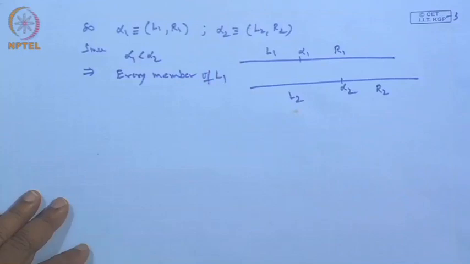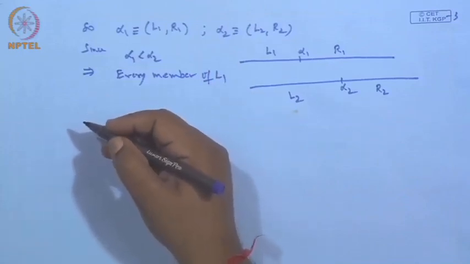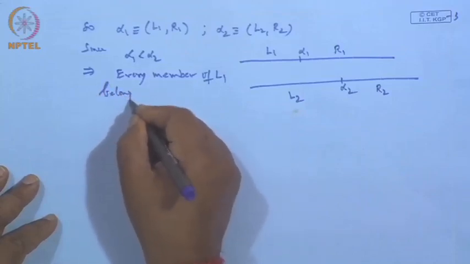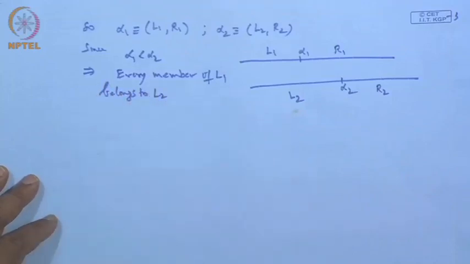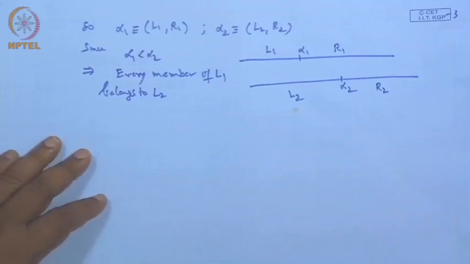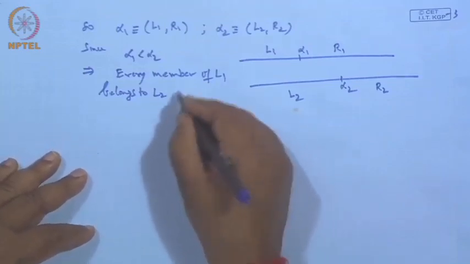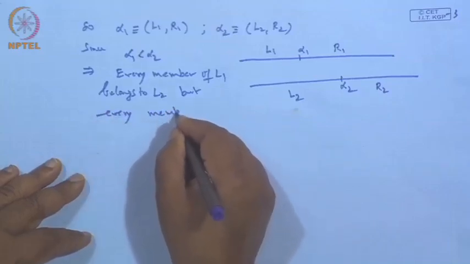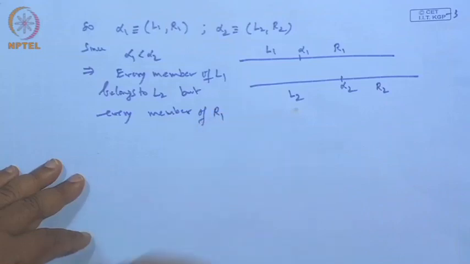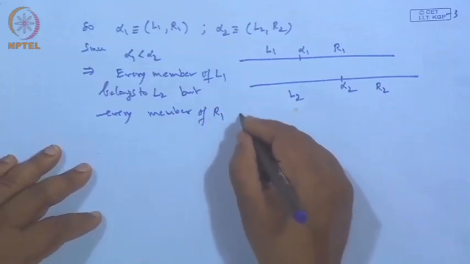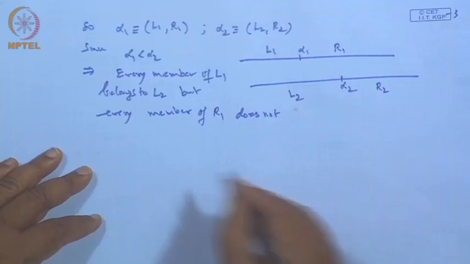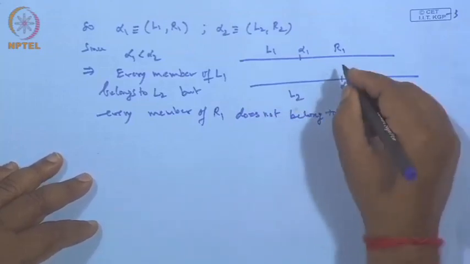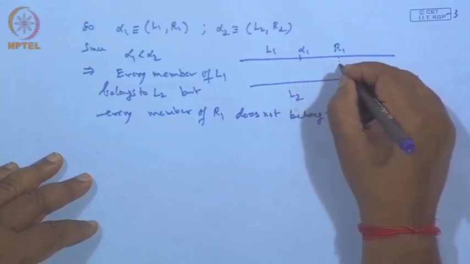of L 1 belongs to L 2, but every member of R 1 does not belong to R 2, because these are the points which are left out, is it not?